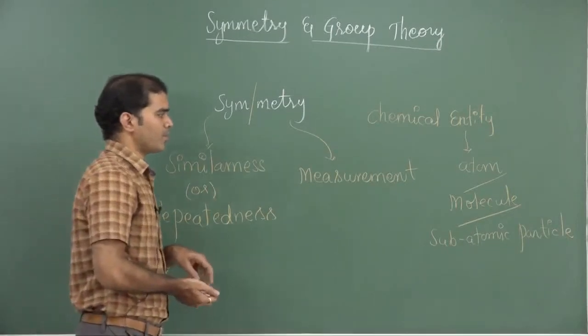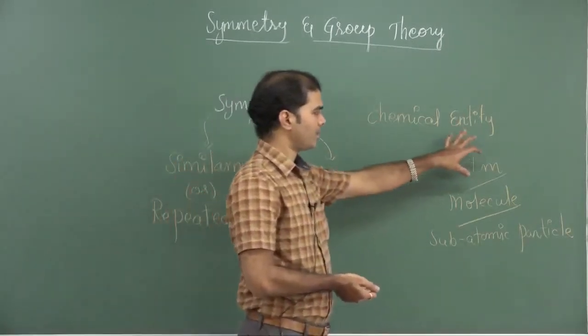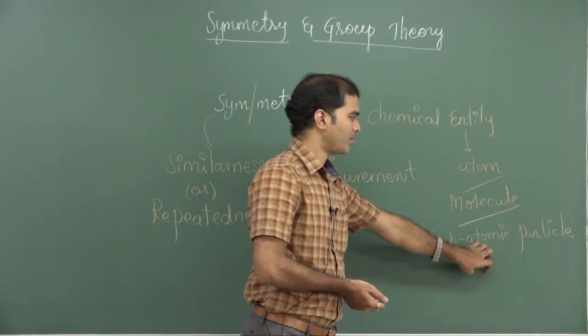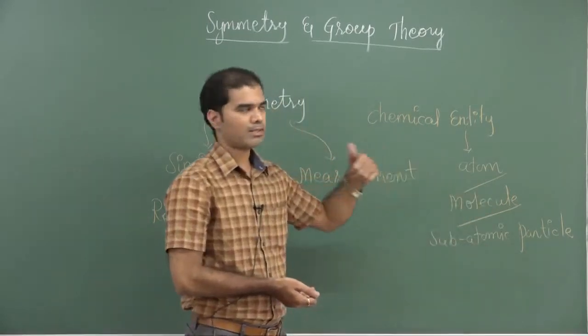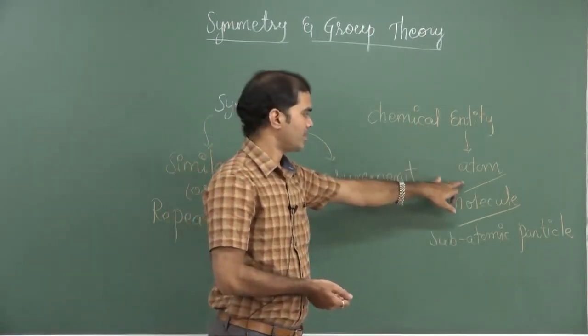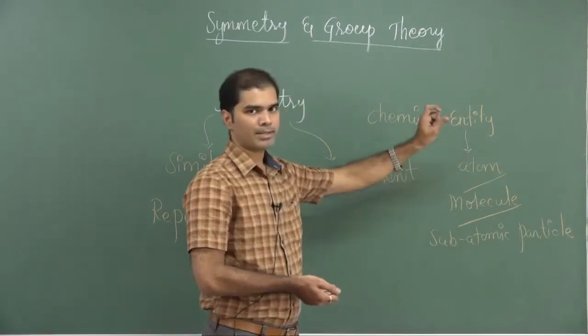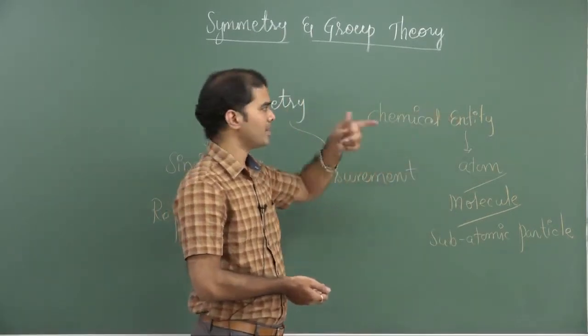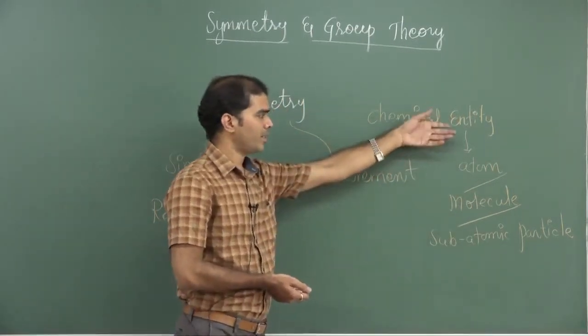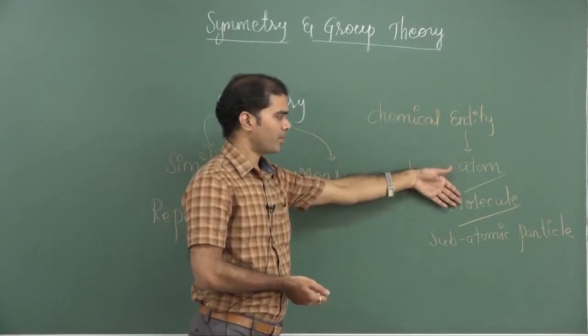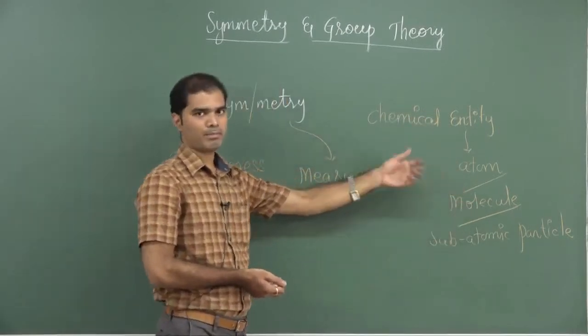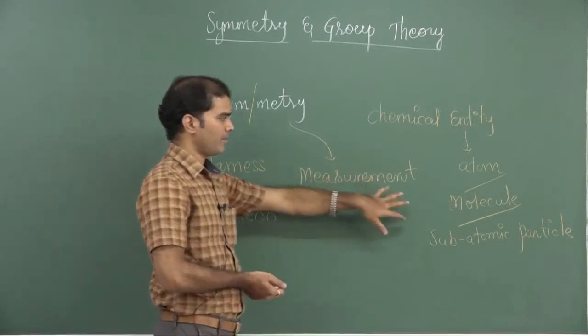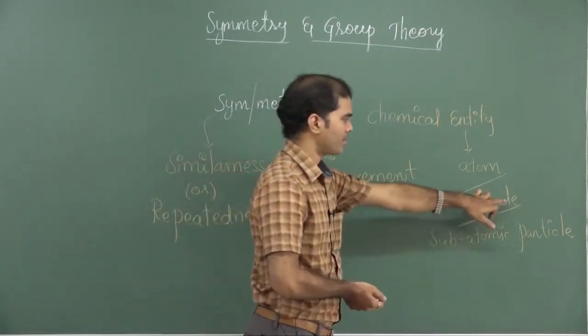So what exactly is the symmetry present in all these atoms, molecules or subatomic particles we have to analyze, and all such things we are calling an entity, a chemical entity. So whenever I use the terminology entity, it could be related to an atom, molecule or any other subatomic particle, but mostly we have to study the symmetry of the molecules.